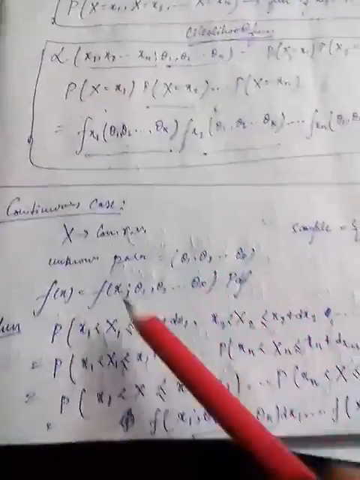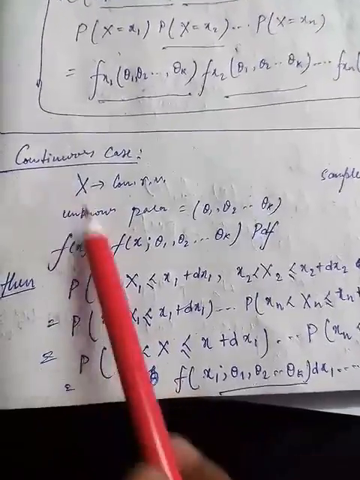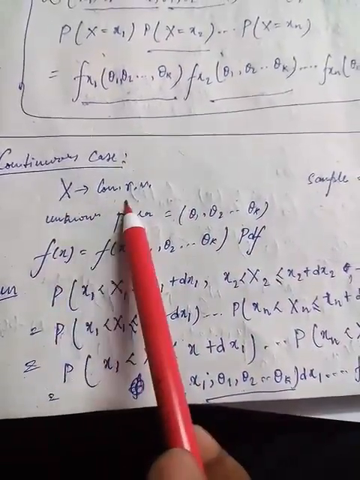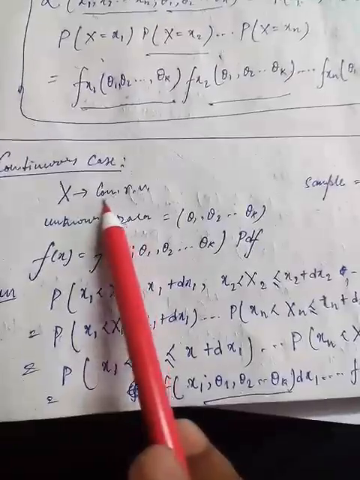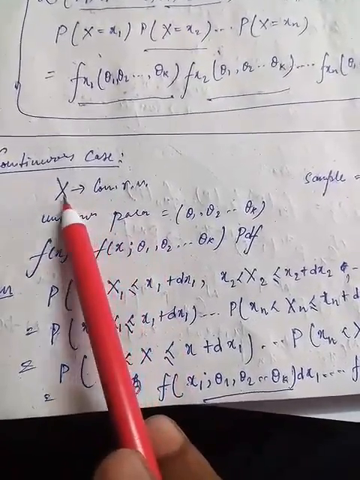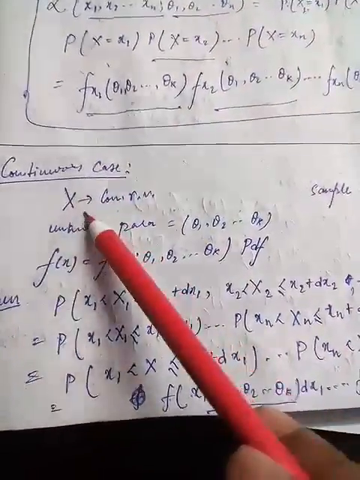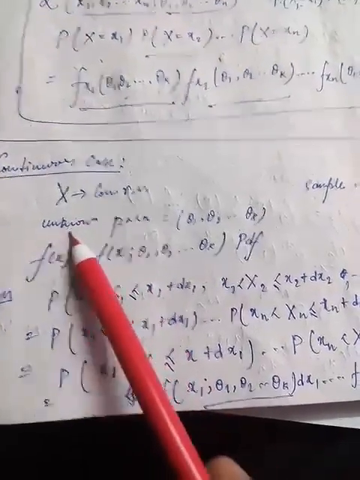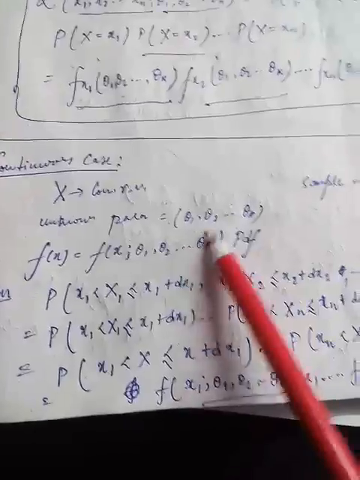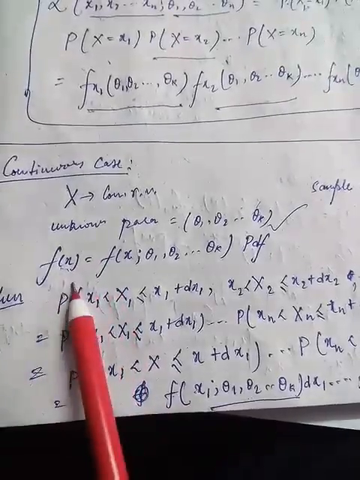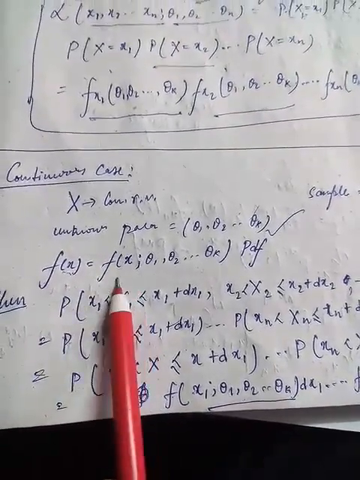Now let's talk about the continuous form. For the continuous one we have the same thing: X will be the continuous random variable, whereas in our earlier case we had X as the discrete one. The unknown parameters will be the same, but the function will be different.